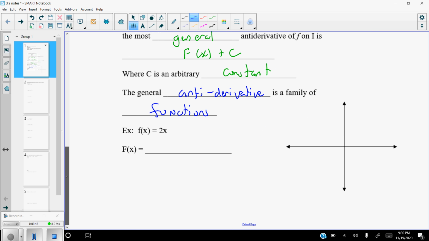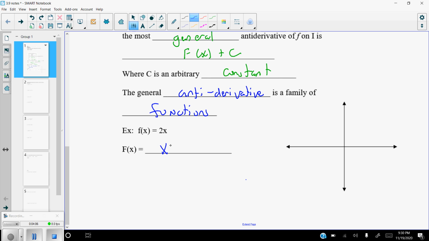Let's take a look graphically. If we were to take an antiderivative of 2x, f of x equals 2x. So capital F of x. Now think, what would I have to have had to get the derivative of 2x? Well, I would have had an x squared, right? Because x squared's derivative is 2x.